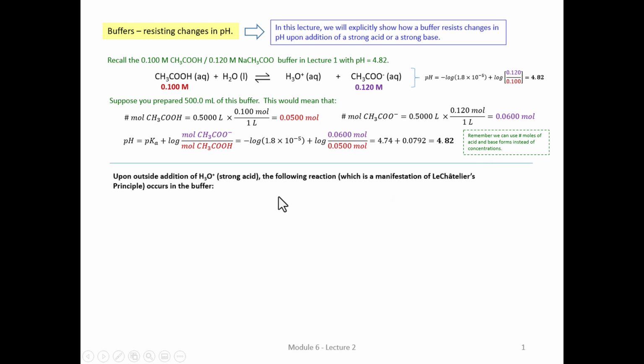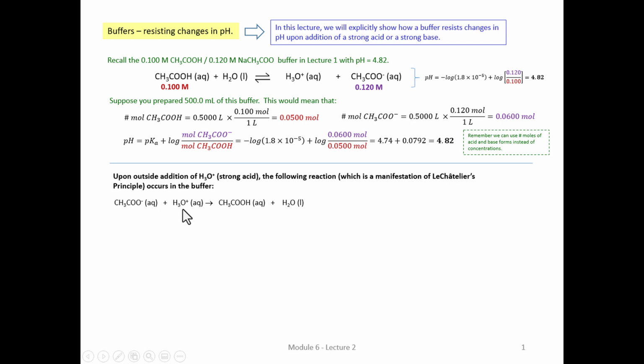Well, upon outside addition of a strong acid, and we're just going to signify strong acid by hydronium ion, to this buffer, the following reaction, which actually turns out to be a manifestation of Le Chatelier's principle, occurs in the buffer. The acetate in this buffer is going to be attacked by the added hydronium ion.